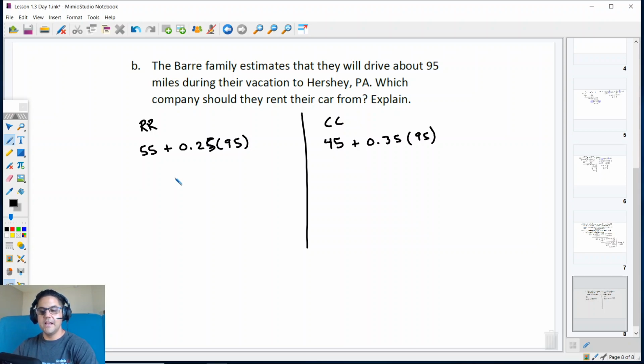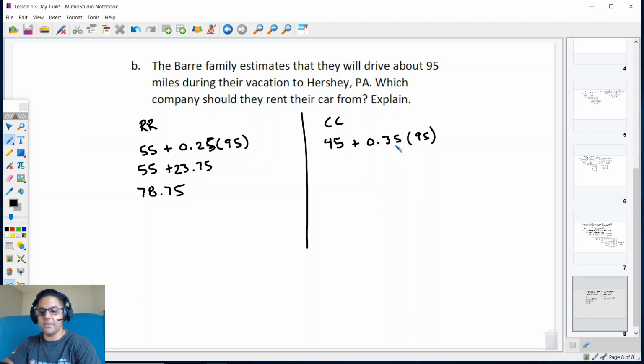That's a quarter, right? So that's 23.75 that I'm going to add to the $55. I just keep it on my calculator, press plus 55, and I got 78.75.